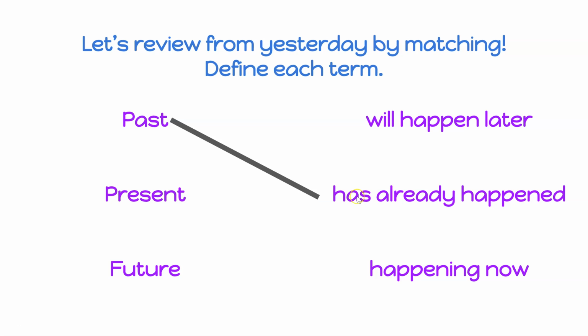If you said has already happened, you are correct. What about present tense? If you said happening now, you are correct. And finally, future tense. That's right, will happen later.